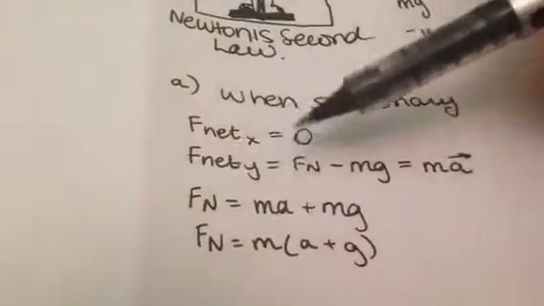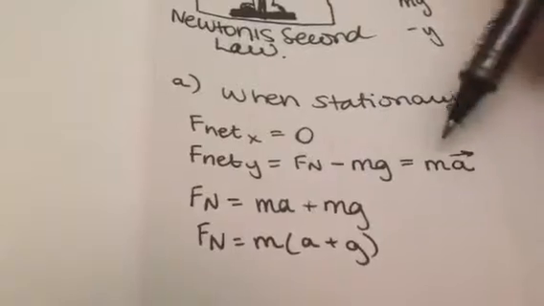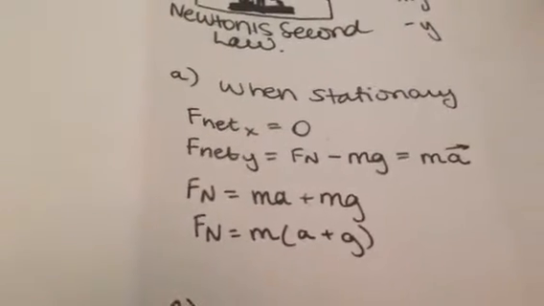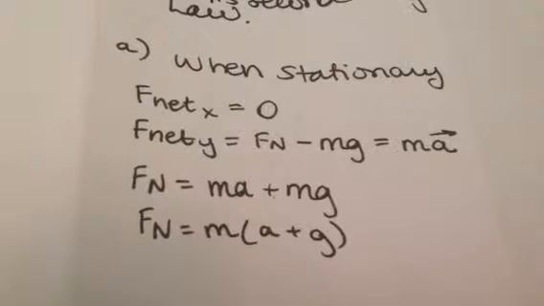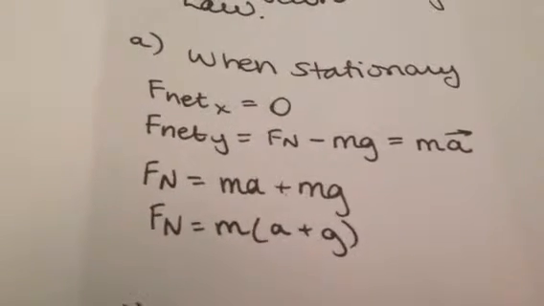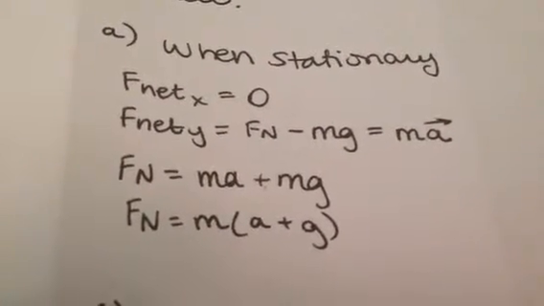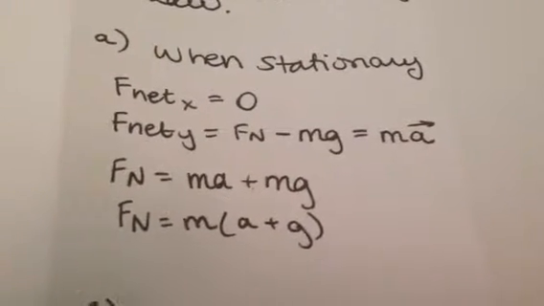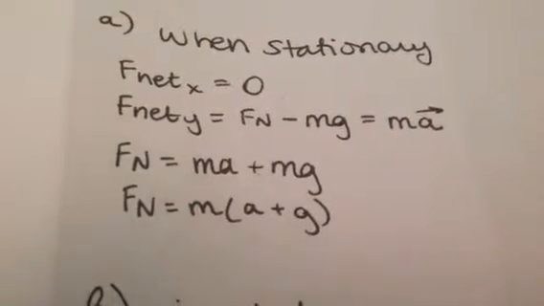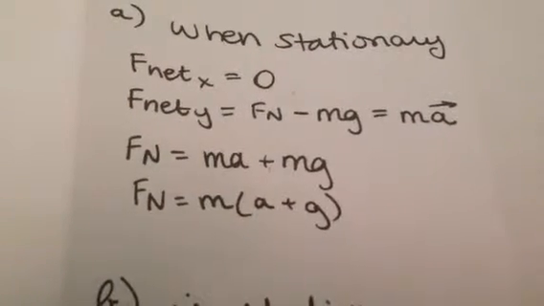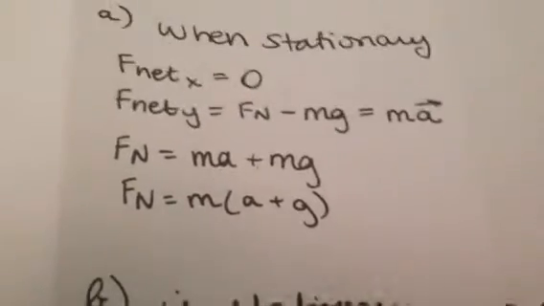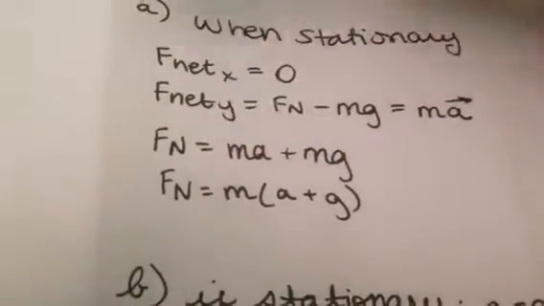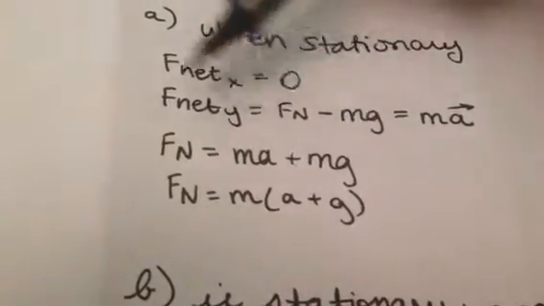But we have to know that F net is ma, and that is what Newton's second law is. F net equals ma. So because we're asked to find the scale reading of the cab when stationary, we have to find the normal force, because we're not given the normal force. We're given mass and we know gravity. So we have to find the normal force because the normal force is actually his apparent weight. So it's what he feels like he actually weighs and what the scale feels he weighs.